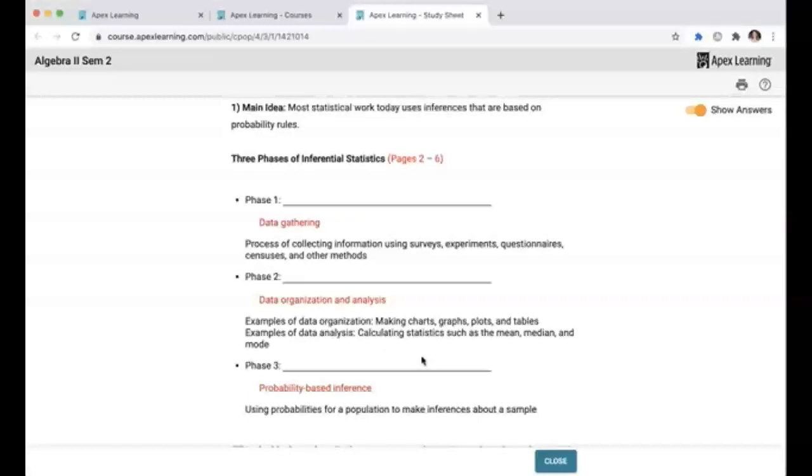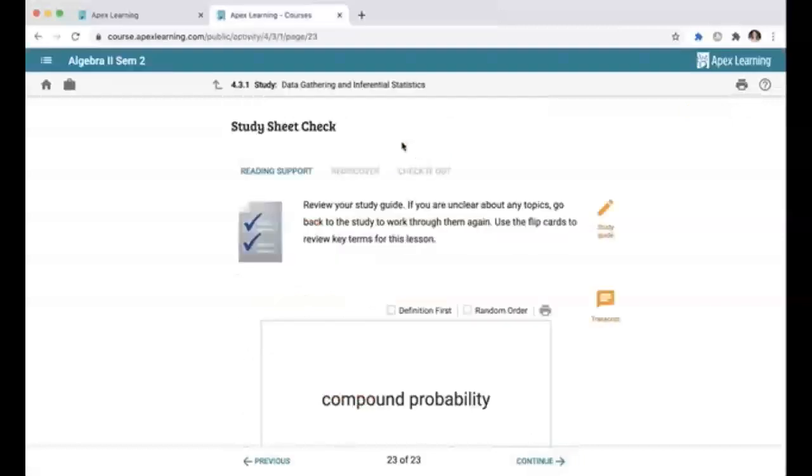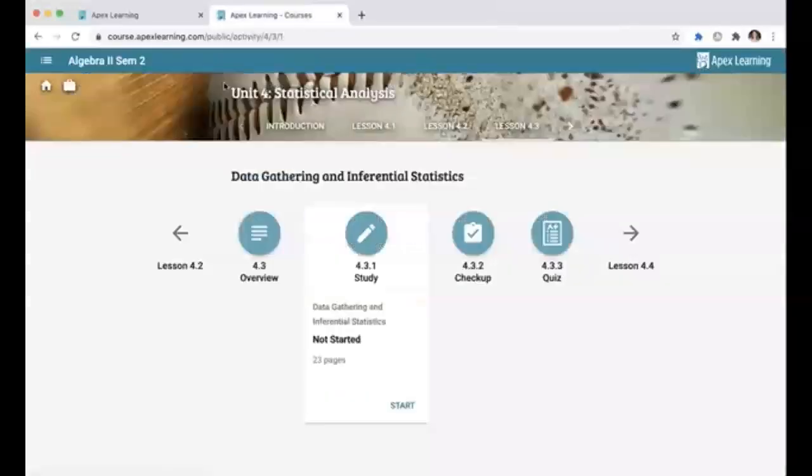Is it the most appropriate graph for that data set? And then finally, of course, the probability-based inference, right? We talked a lot about it. It has to be representative of a larger sample set, and it has to kind of follow the trend. And we just learned that the general rule is above a 5% here.